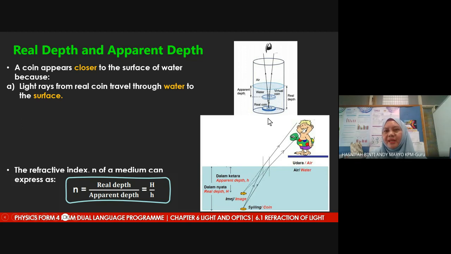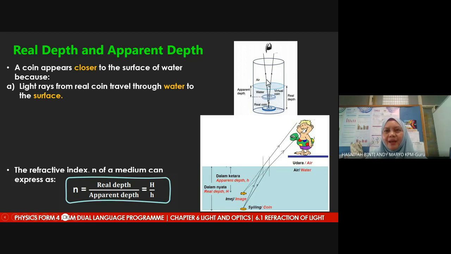So the first medium is water. The light coming from the real coin down here comes out to the air. So what happened? It will refract away from the normal. Light ray from the coin moving through water and then entering air. We understand water has a higher optical density compared to air, or water has a higher refractive index compared to air.